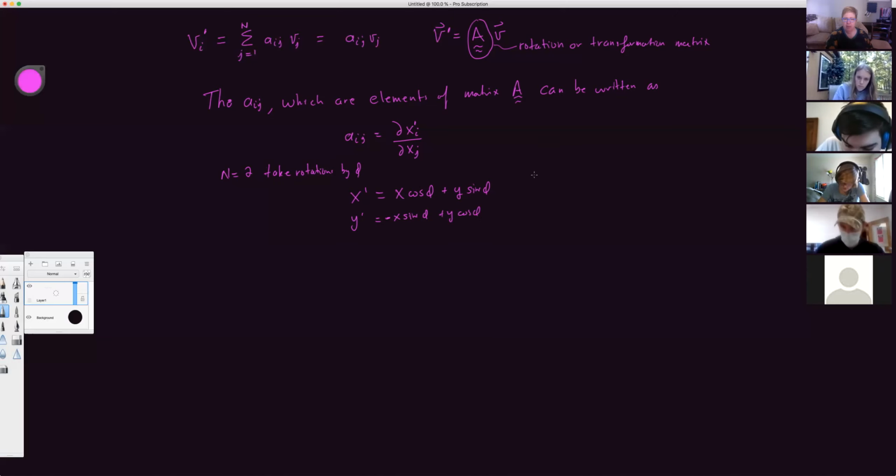And remember that we had A in this case. Our matrix looked like this. Let's see. I want to make sure that I'm writing it right. I always get this backwards. Cosine phi, sine phi, minus sine phi, cosine phi.